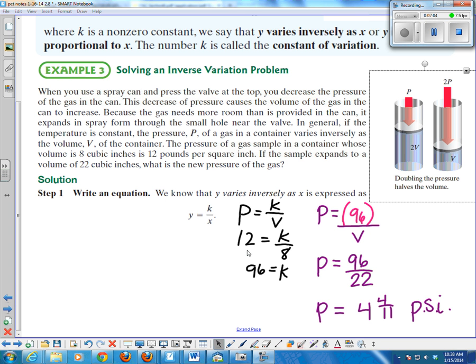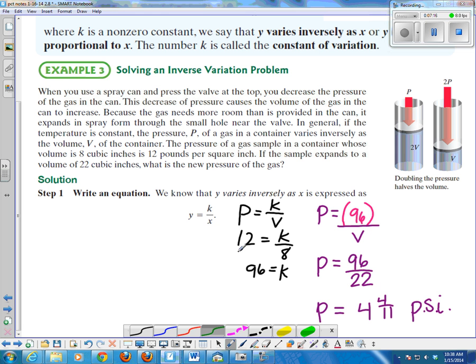So when the pressure is 12 pounds per square inch, the volume is 8 cubic inches. So you have 12 equals k over 8. This is a proportion, really, where 12 is over 1. So you could cross multiply this and get k equals 96.